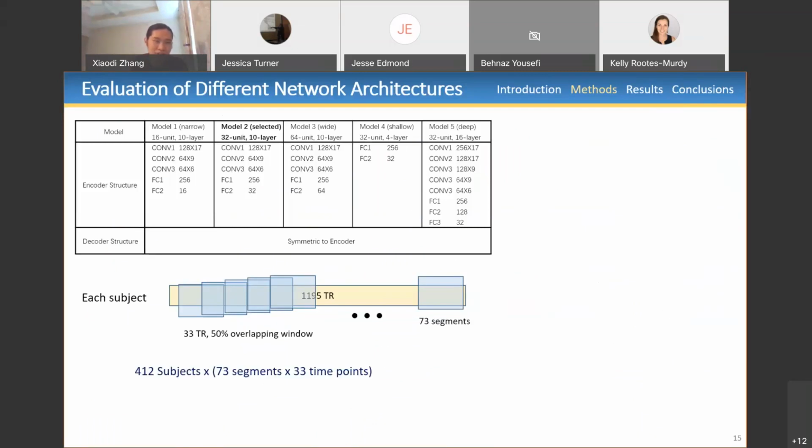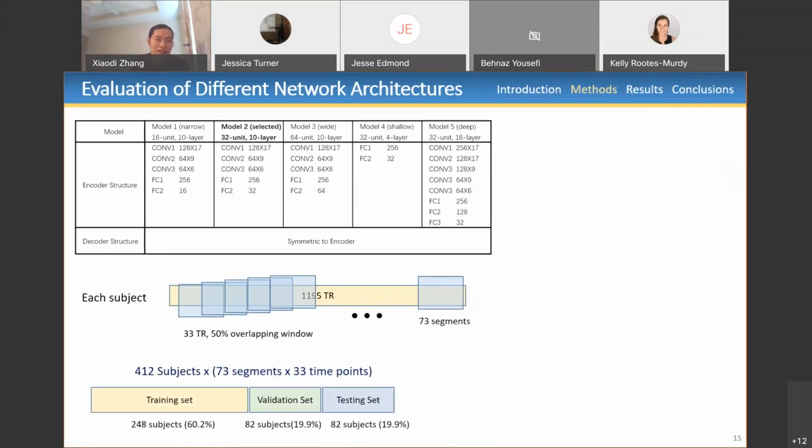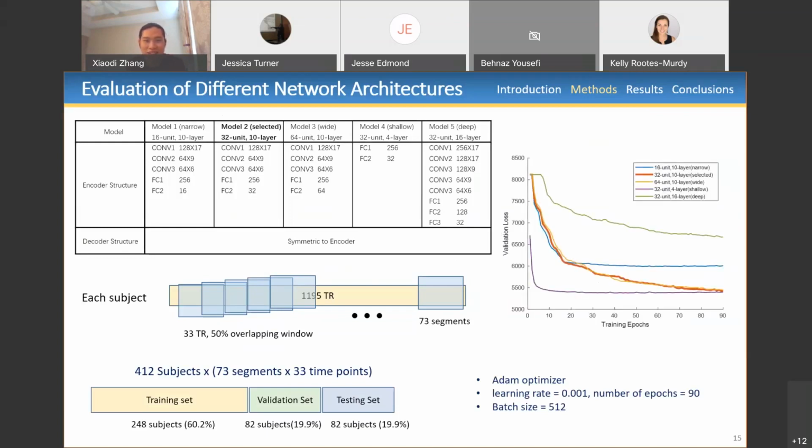Then we have 412 subjects that were randomly divided into a training set, validation set, and testing set. We trained with pretty standard parameters, and this is the validation loss we got. As you can tell, two of them perform pretty badly, but 3 of them have comparable validation loss.